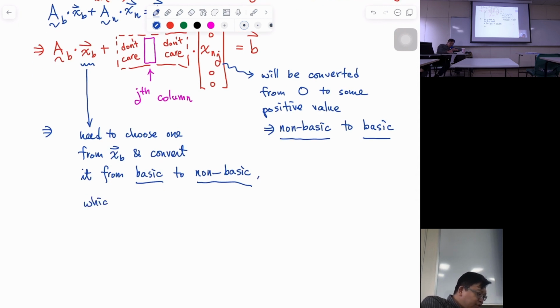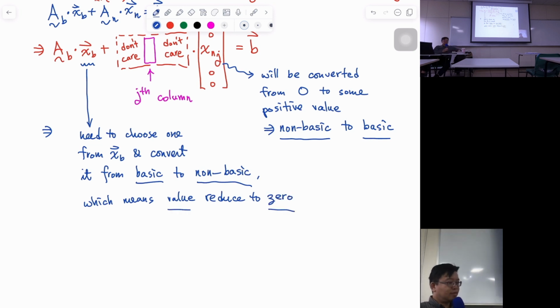Which means its value reduces to 0. Reducing, if you're picky about grammar.